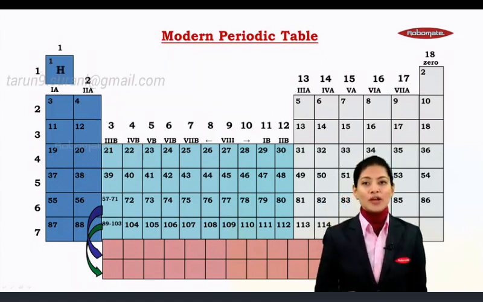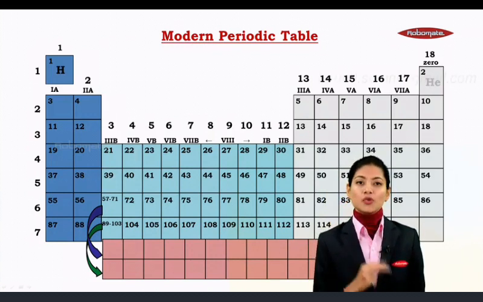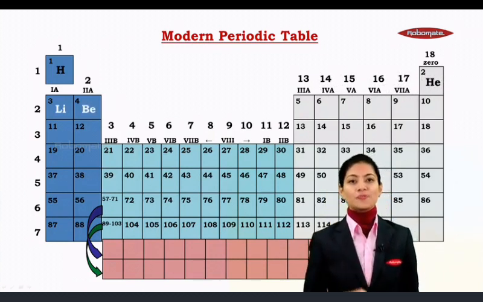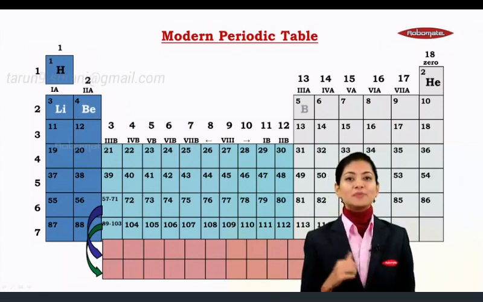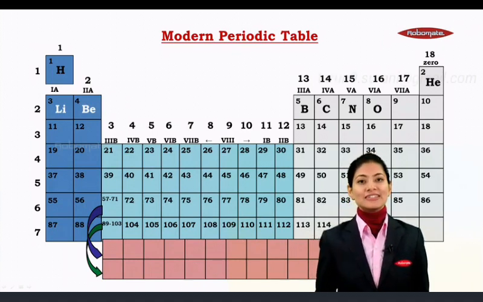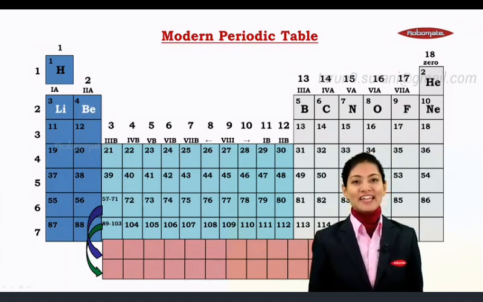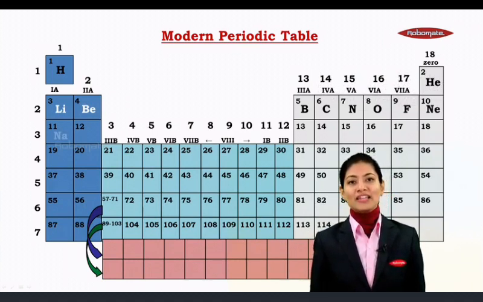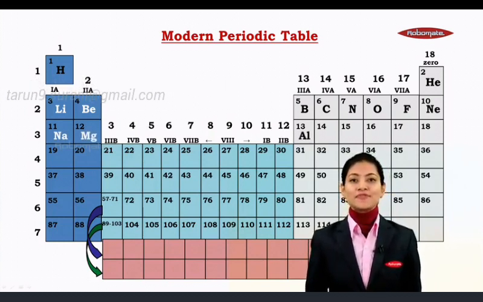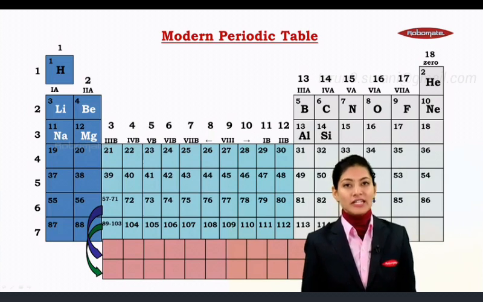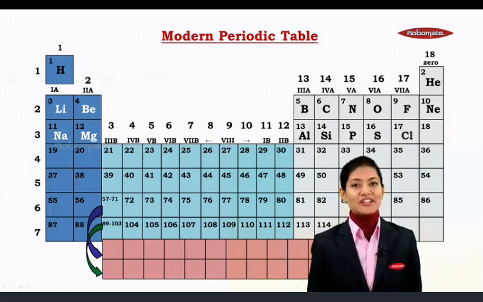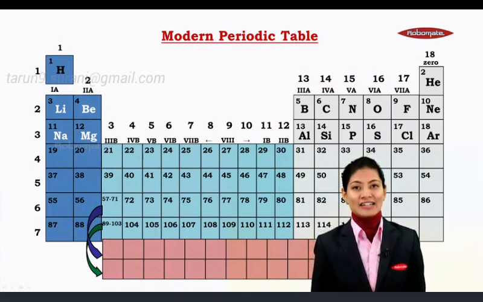Element with atomic number 1 is, of course, hydrogen. 2 is helium. 3 will be lithium, 4 is beryllium. 5 will be boron, 6 is carbon, 7 nitrogen, 8 oxygen, 9 fluorine and finally 10 neon. Followed by 11, which is sodium, 12 is magnesium, 13 is aluminium, 14 will be silicon, 15 phosphorus, 16 sulfur, 17 chlorine and finally 18 argon.